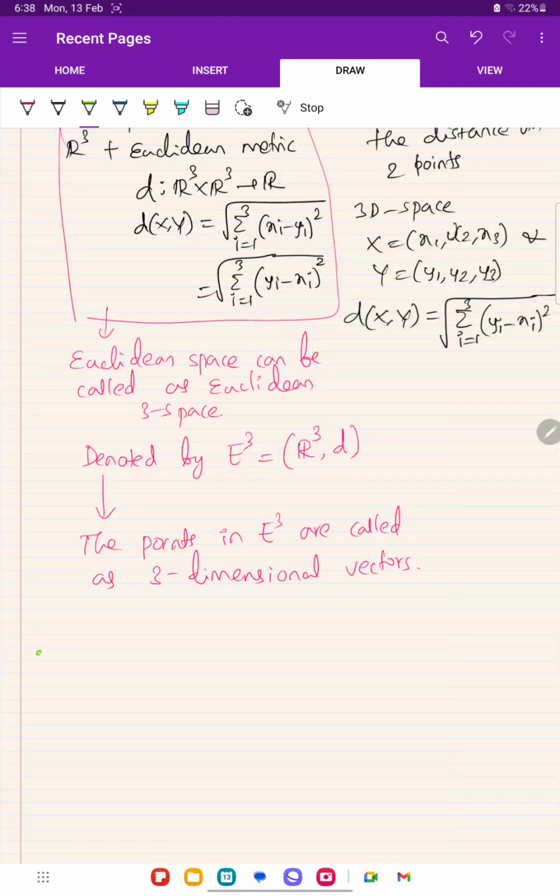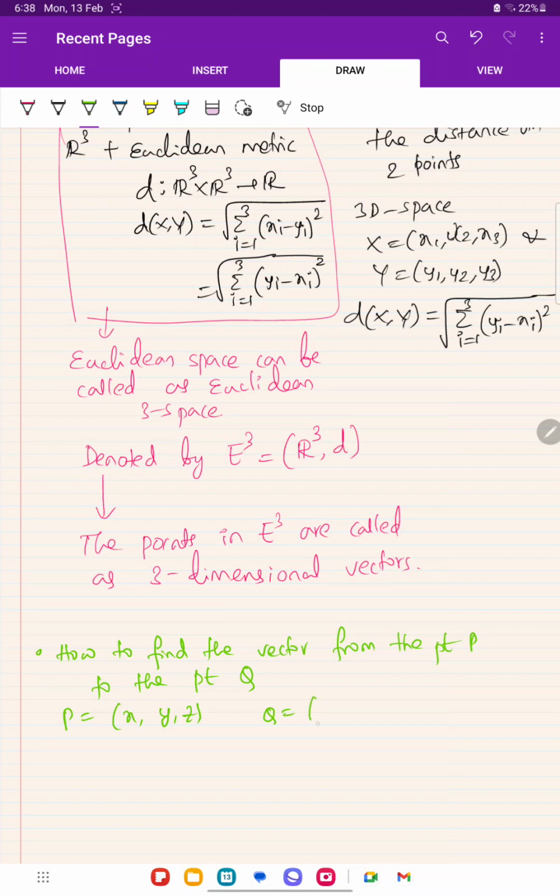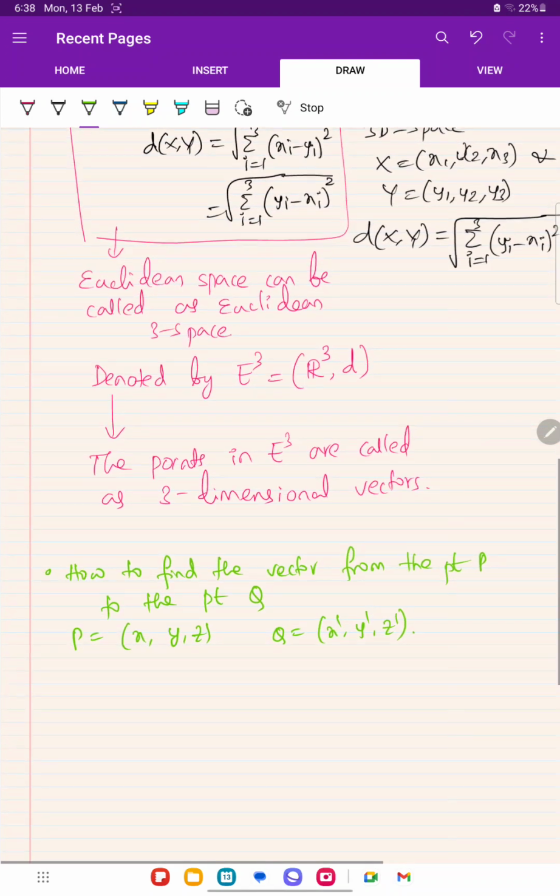Now, how to find the vector from the point P to the point Q, where P is equal to (x, y, z) and Q is equal to (x', y', z')?